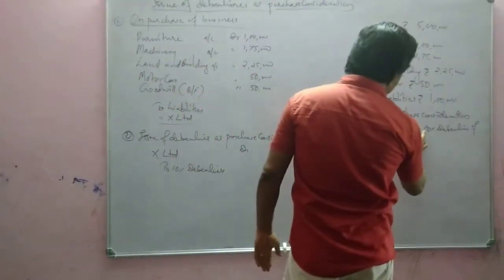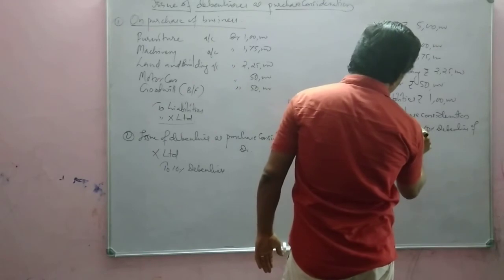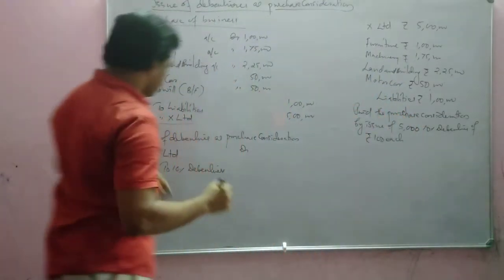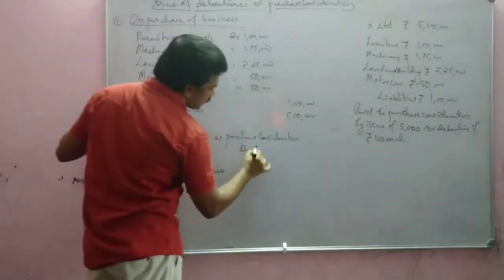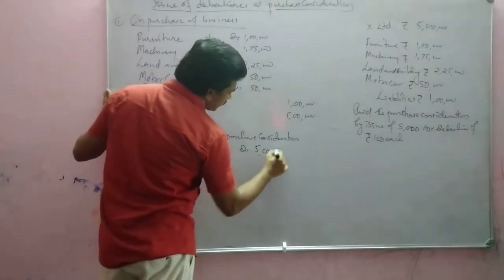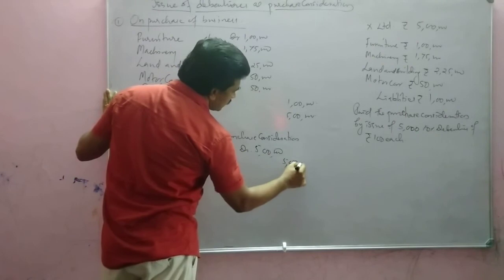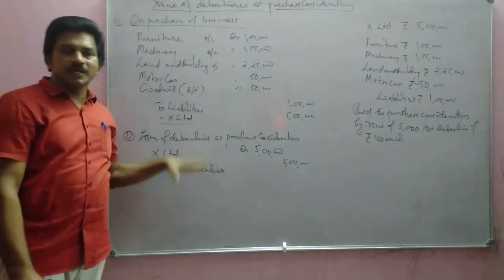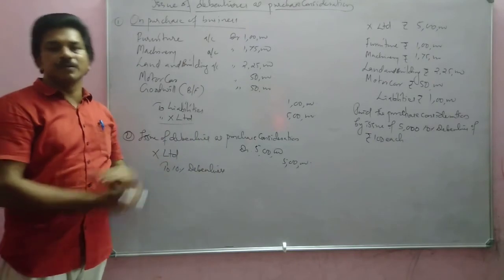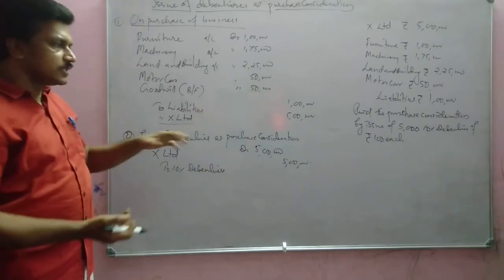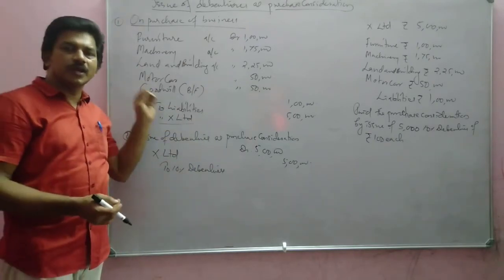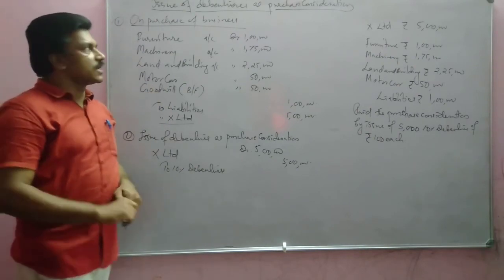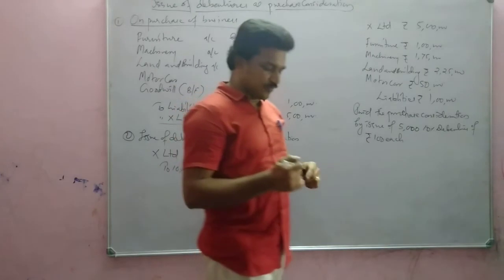These 5,000 debentures of rupees 100 each, so it will be how much? 5 lakh. Then like this, sometimes debentures may be issued at a discount or at a premium also. That is also there. So that is just like what we have done at the time of purchase of asset. Okay. So these are all about issue of debentures.